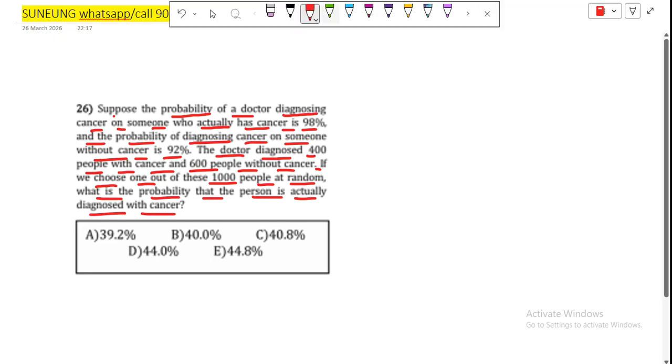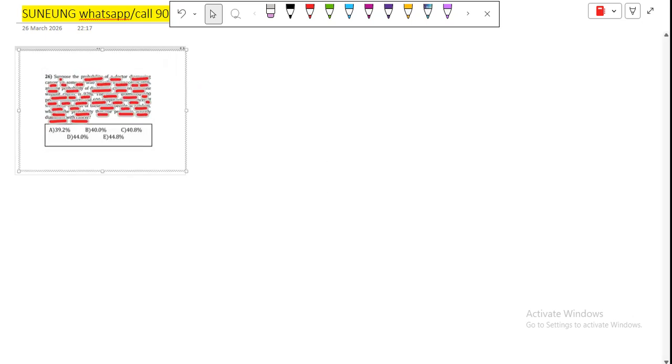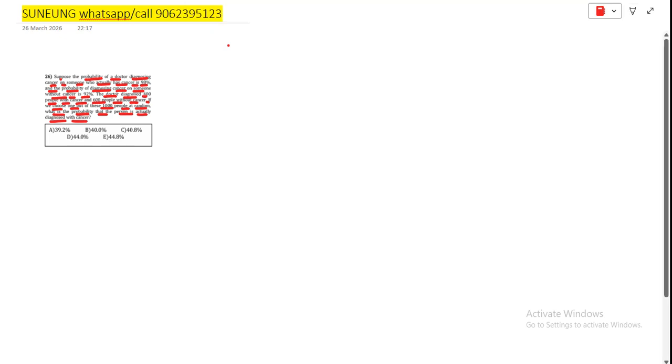So let's solve this. First thing is, imagine you are a doctor. You have seen 1000 people. You have already diagnosed some, and now we are playing a game of probability.